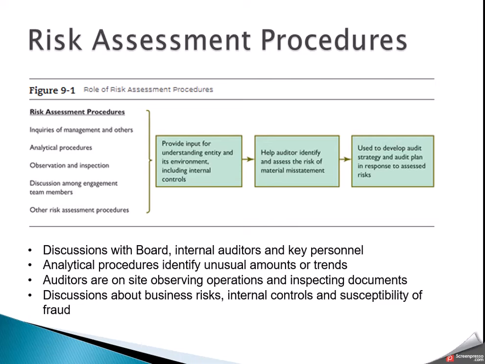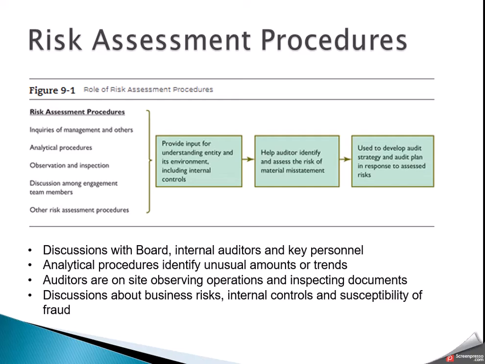So here are the risk assessment procedures. The table gives us a nice little flow chart of how that goes. The auditors are definitely going to inquire of management of the company. They're going to perform analytical procedures where they're testing the financial data to see if anything jumps out at them.